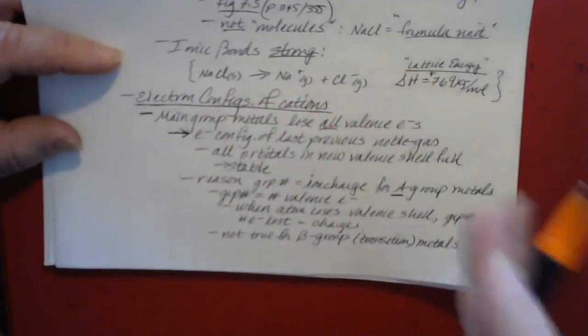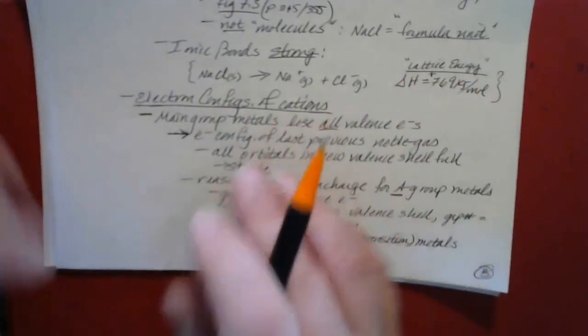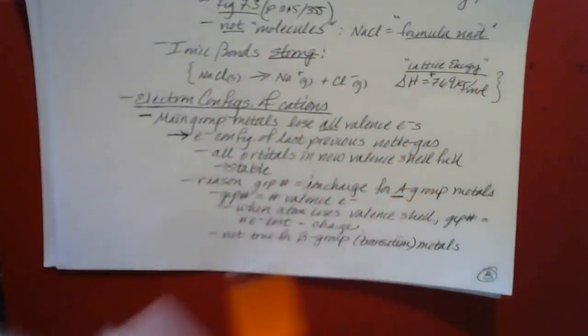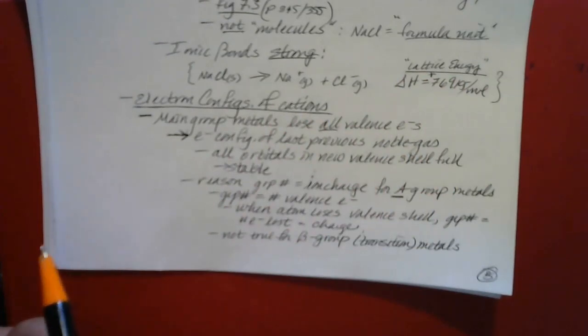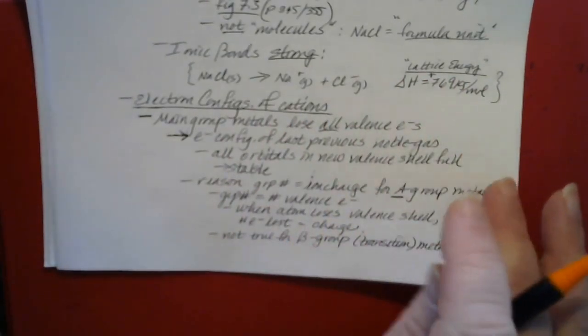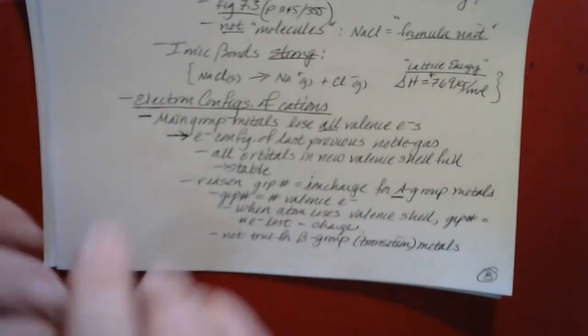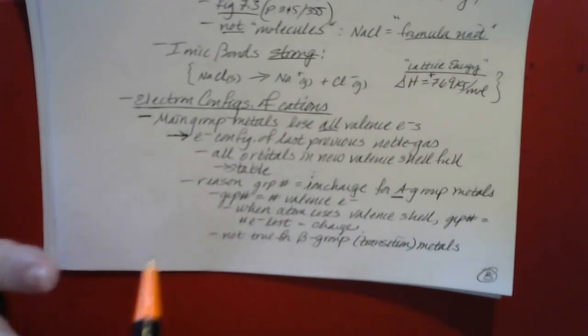And that's positive. That's the energy you have to put in. That's also known as the lattice energy. It's basically the energy that you need to break up the lattice of an ionic compound. And 769 kilojoules per mole is actually quite a lot of energy. That's a lot more than it takes to break the bonds in most covalent compounds, for instance.